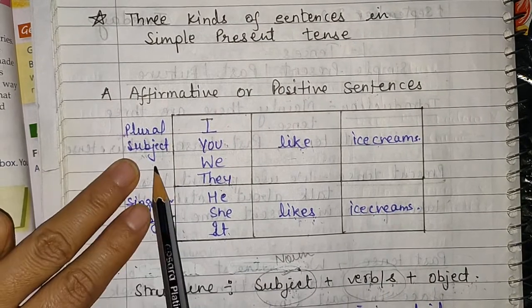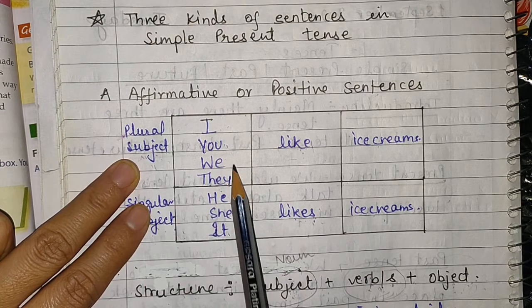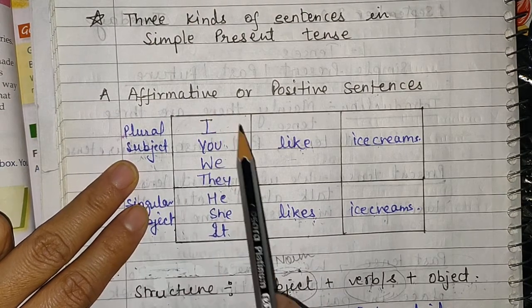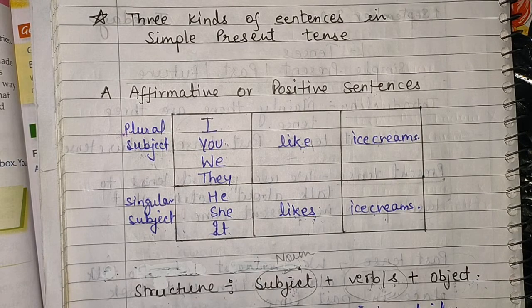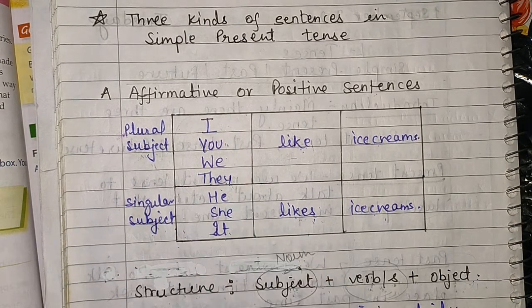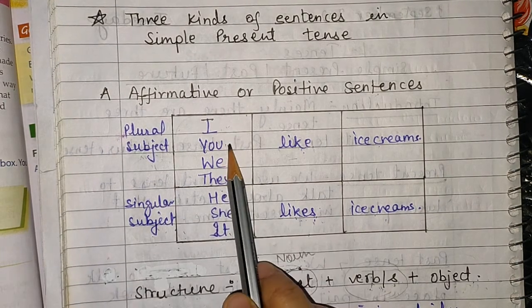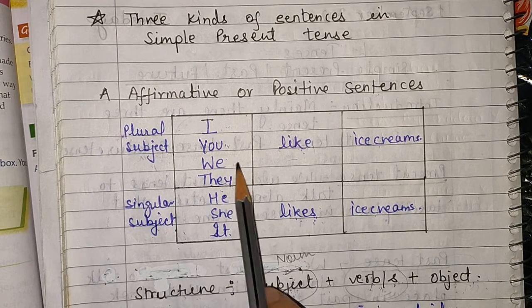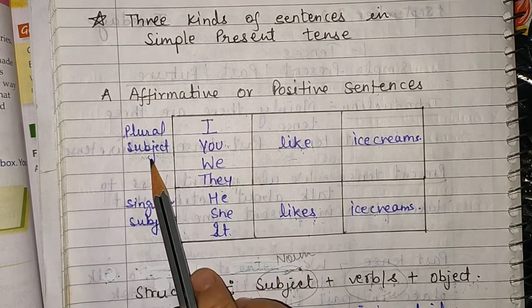Now if I talk about the plural subject, plural subjects can be I, you, we, they. Here the subjects I have taken are pronouns. I is a pronoun, you is a pronoun, we is a pronoun, they is a pronoun. So these are all plural subjects.